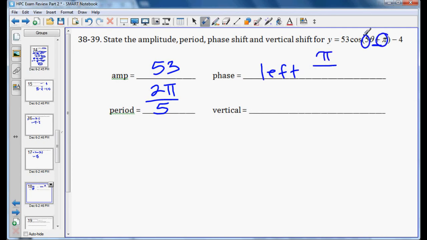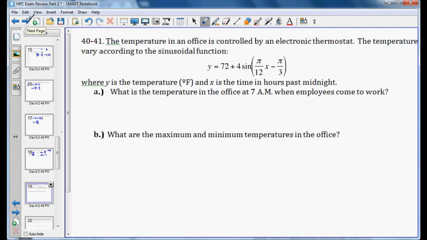Now, we're told the temperature in an office is controlled by an electronic thermostat, and the temperature varies sinusoidally according to this function. So part A, what is the temperature of the office at 7 a.m.? We noticed it's hours past midnight, so 7 a.m. would mean x equals 7.